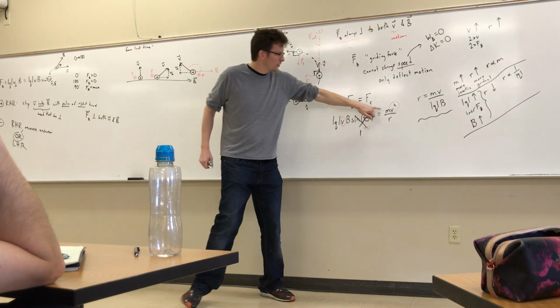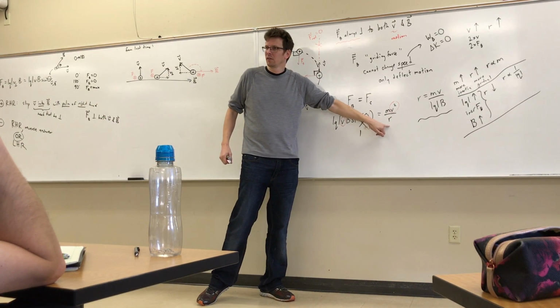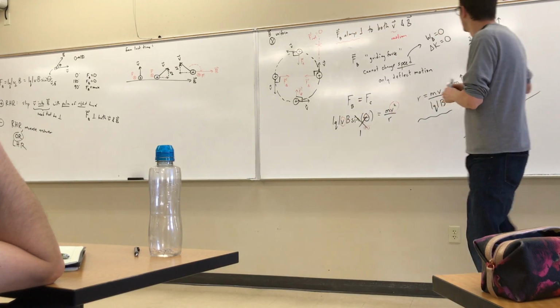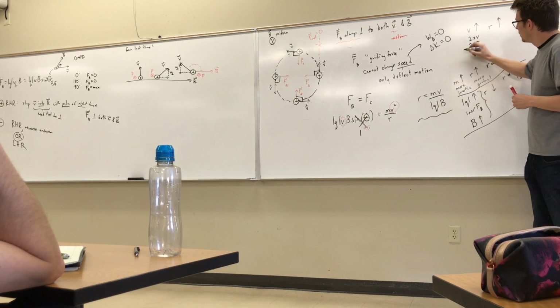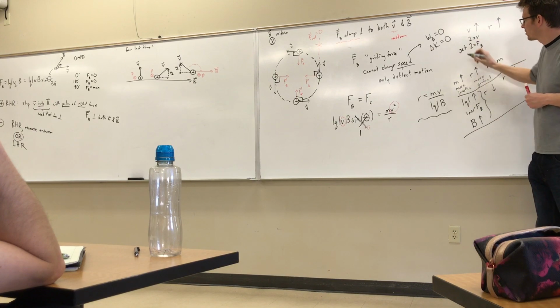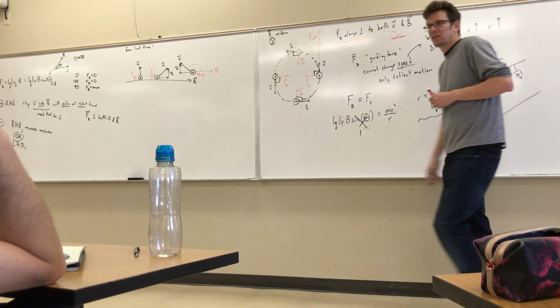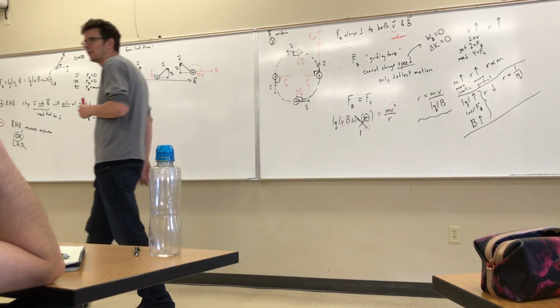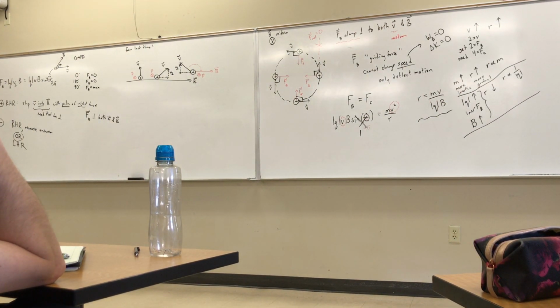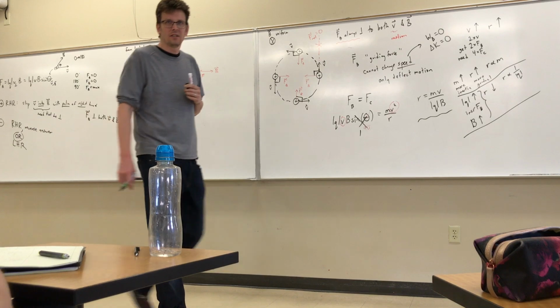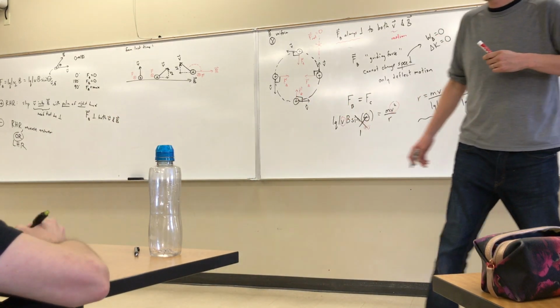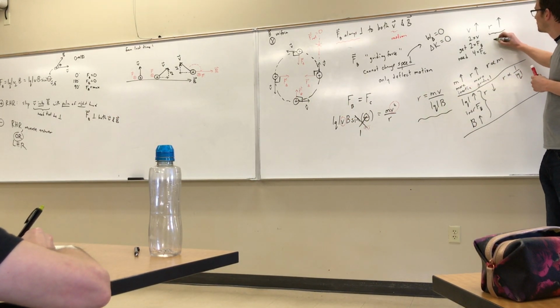So if you go twice as fast, what happens to this side? 4 times. So you get twice the force, but you need 4 times the force to hold this turn. Well, guess what? Sometimes you don't get what you need, okay? So yes, the force does increase, but not as much as it needs to. Therefore, you do still fly out into a bigger circle.